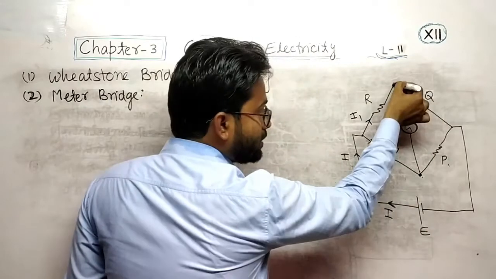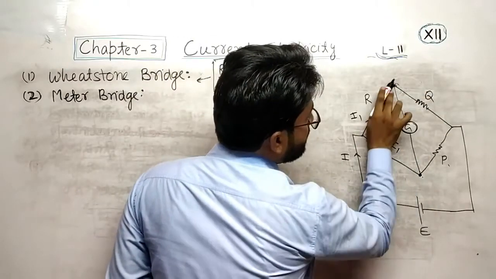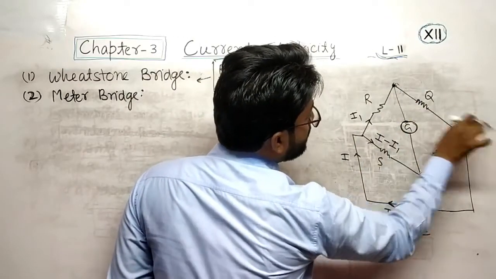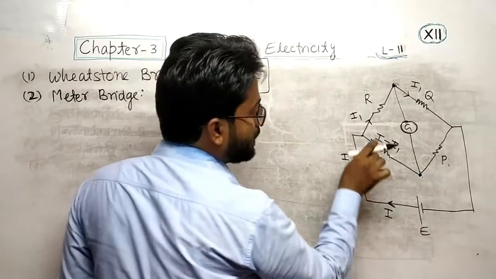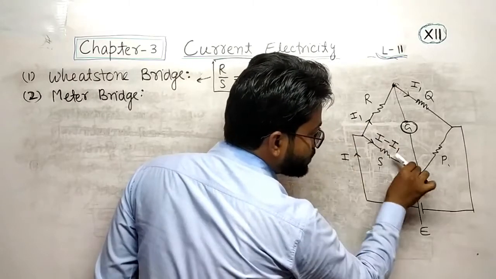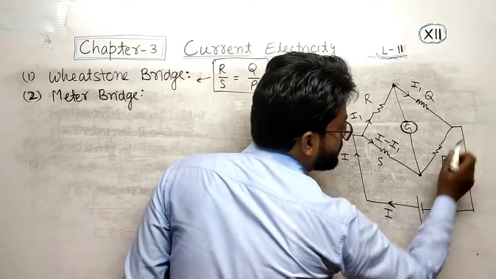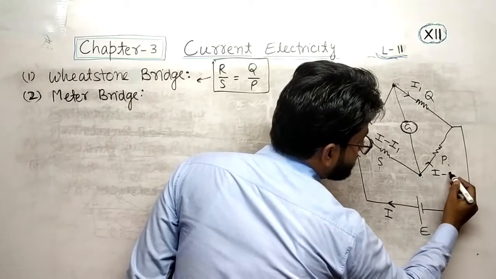In balanced condition, there is no current through the galvanometer. That means the current I1 will pass through Q, so this branch will have the same current I1. All the current flowing in this branch will pass through this branch, so this branch will have I minus I1.